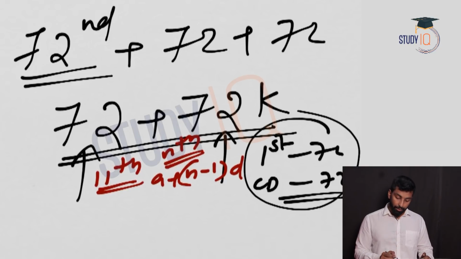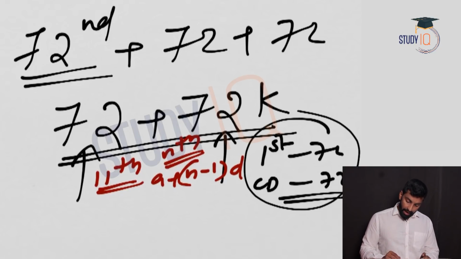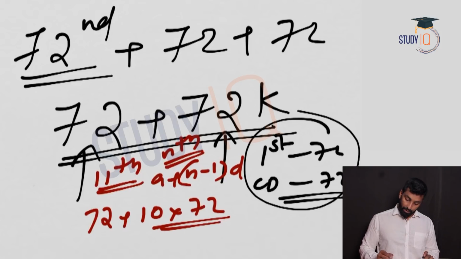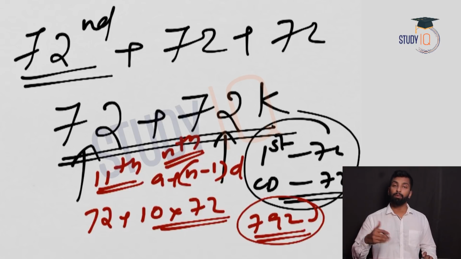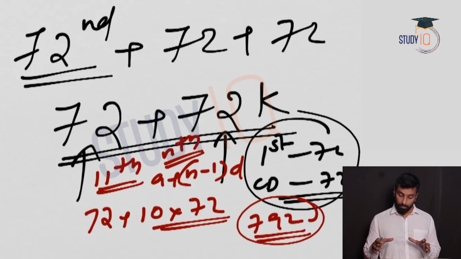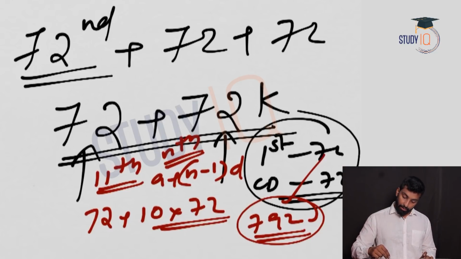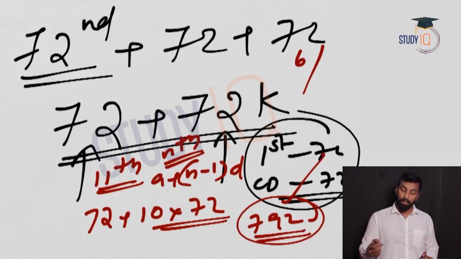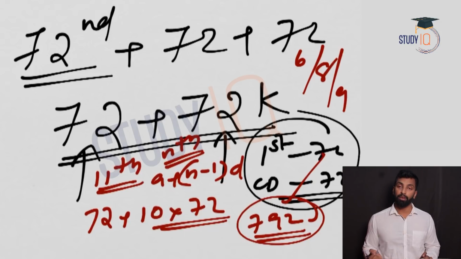So here if you substitute, a is 72, plus n minus 1 means 11th term, so 10d, 10 into 72. So we know that it is 792. So the 792nd box will be the 11th such possible box where you find all the three items, because 792 is a multiple of 6, 8 and 9, and that is the 11th such possible number.